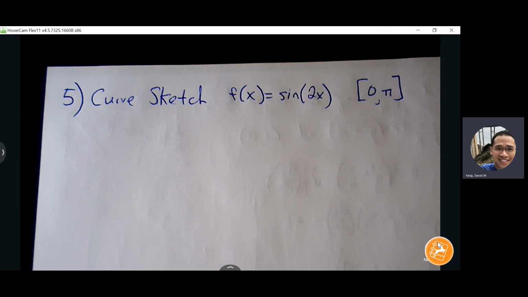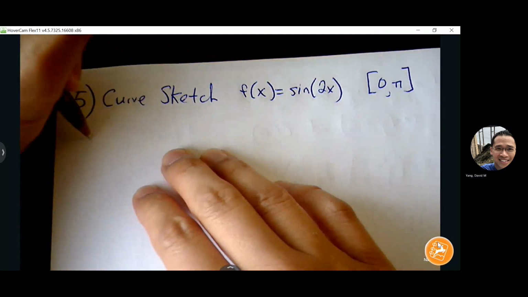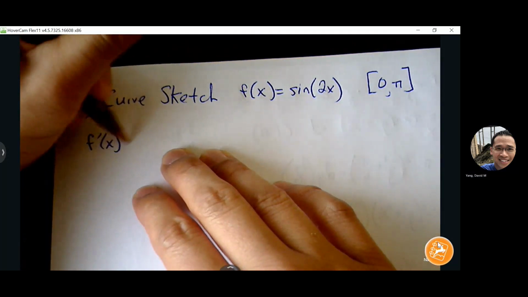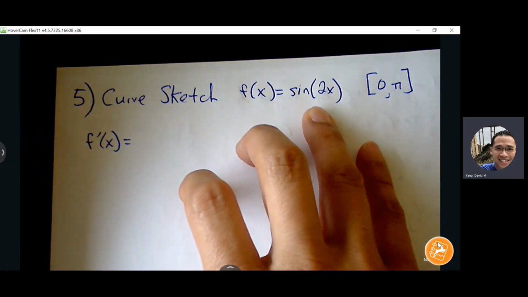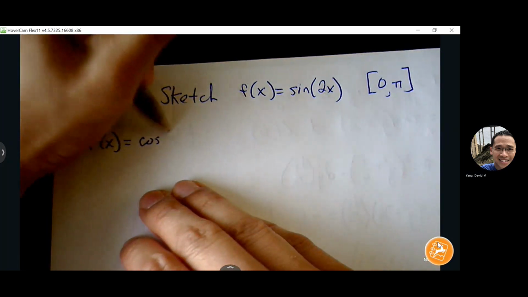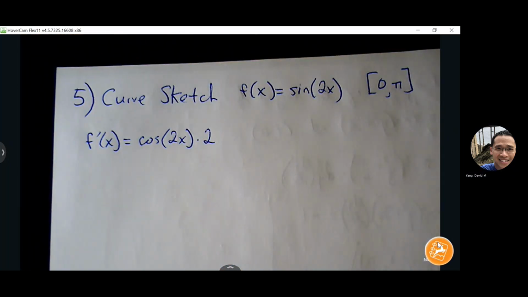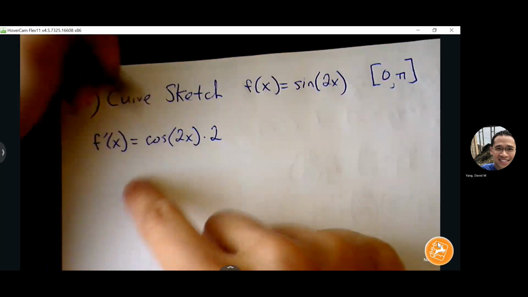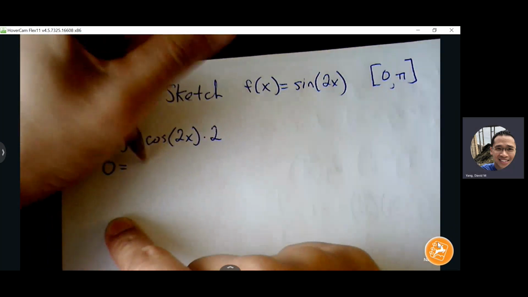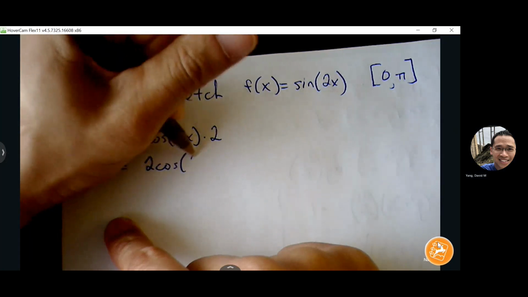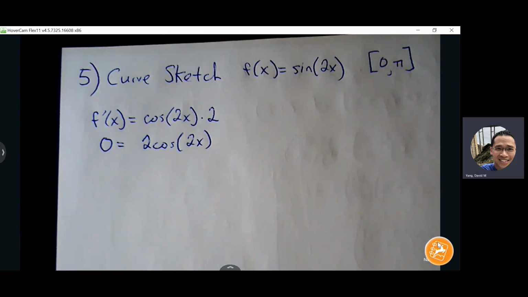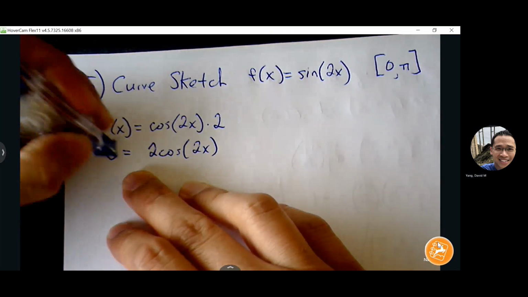Okay, so we jump directly into our derivative first. Sine 2x becomes cosine 2x times 2. Actually, let me just call this f prime again.